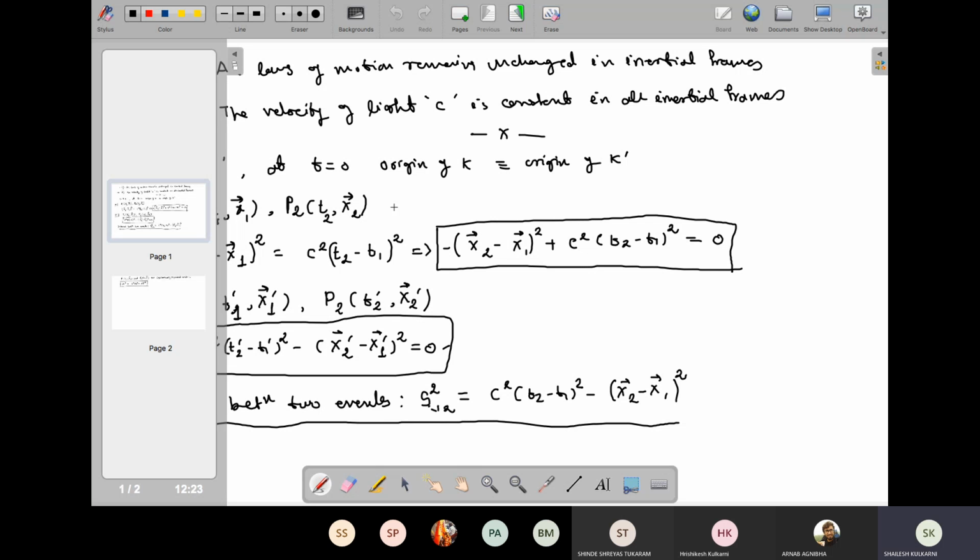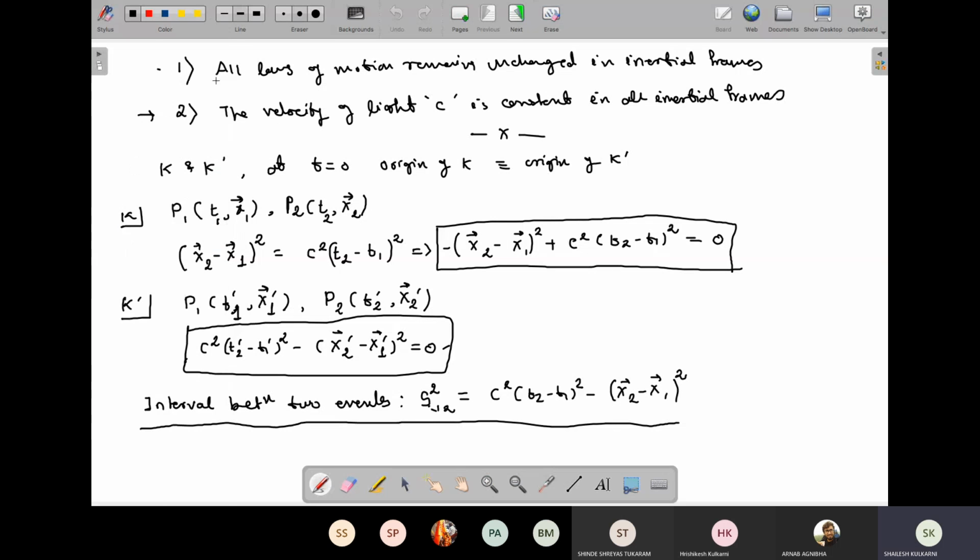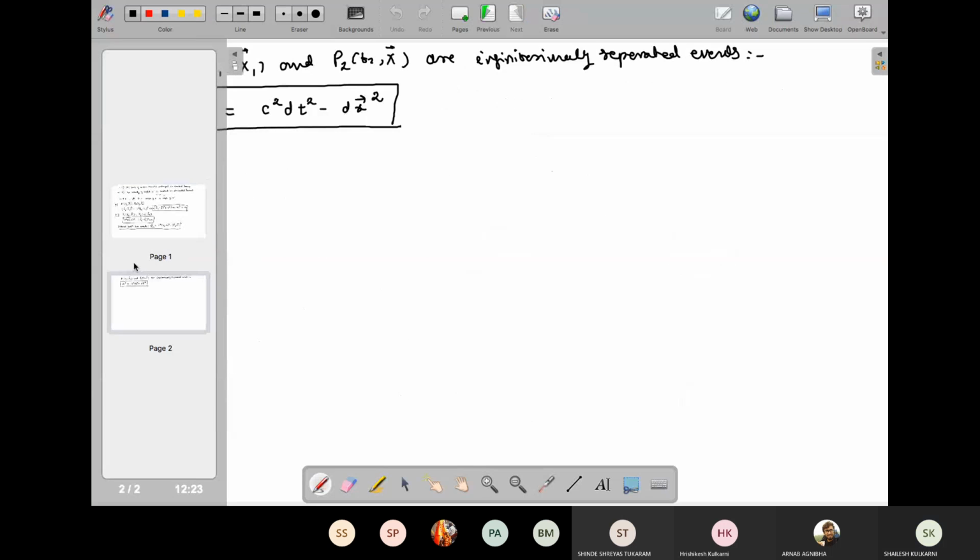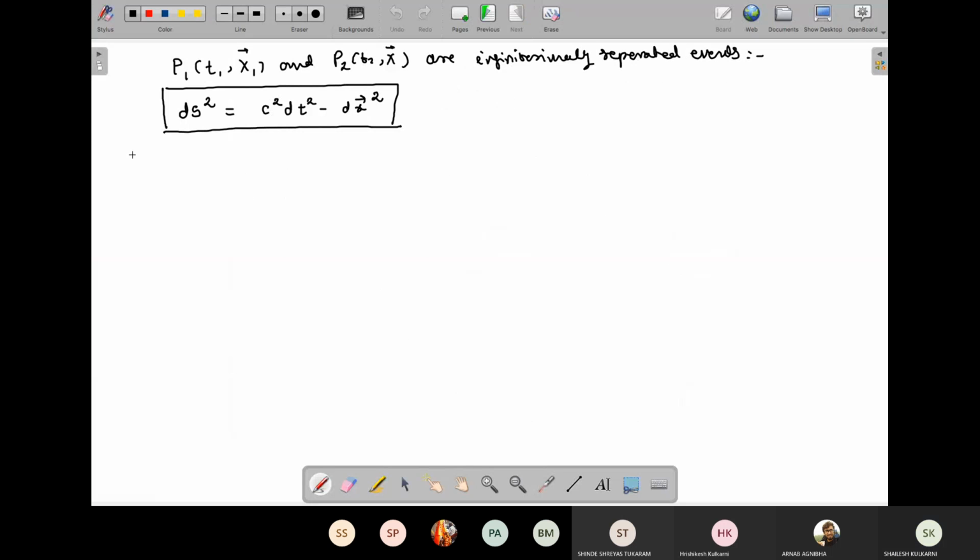So first, we have ds square equal to 0 for light signals. The interval between two events is 0 for light signals.